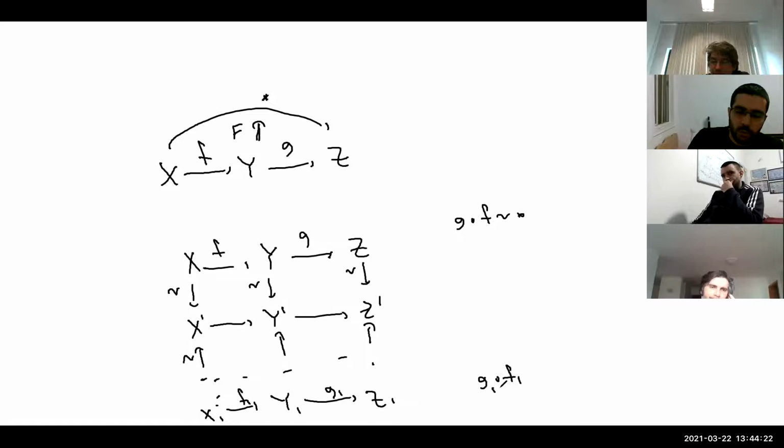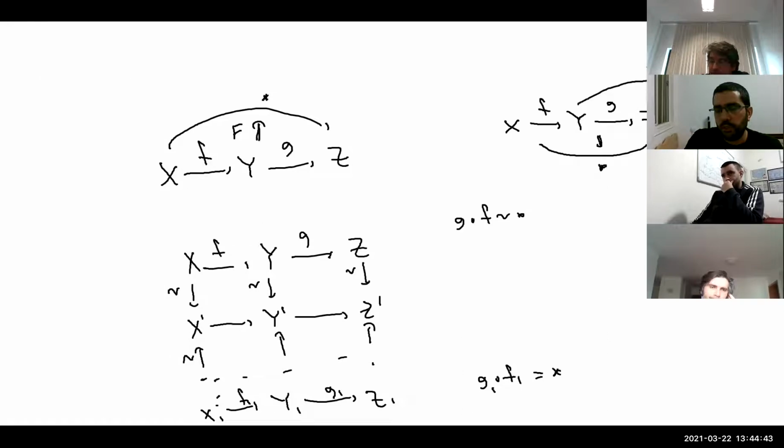We can do this if we have two maps, but if we have three maps, where this composition is null homotopic and this composition is null homotopic, we can't always do that. I will give you an example, but we can't do it always. The obstruction to doing this is the Toda bracket.